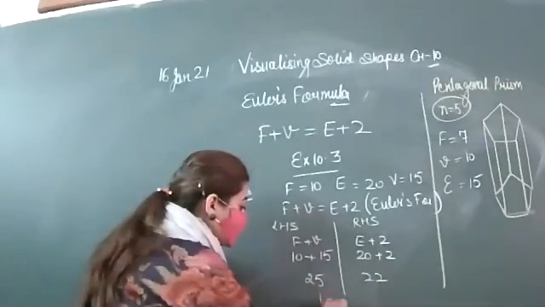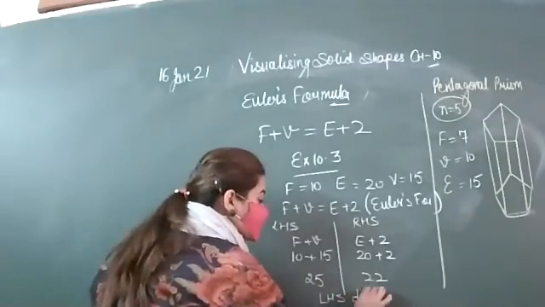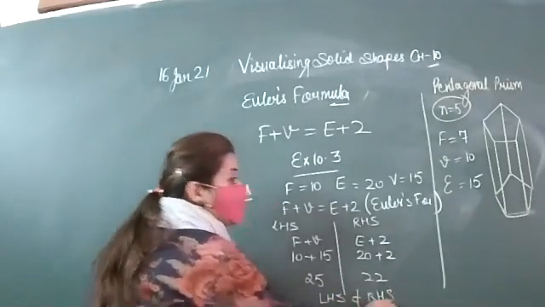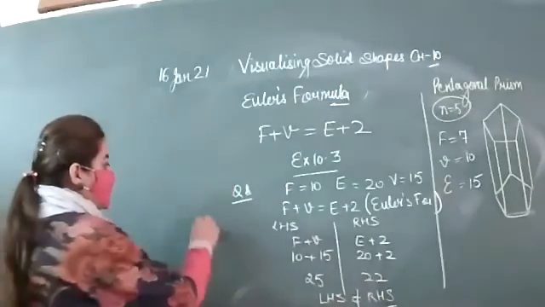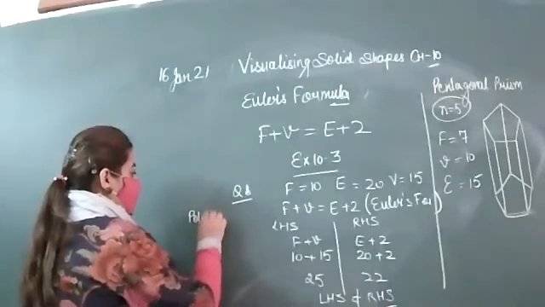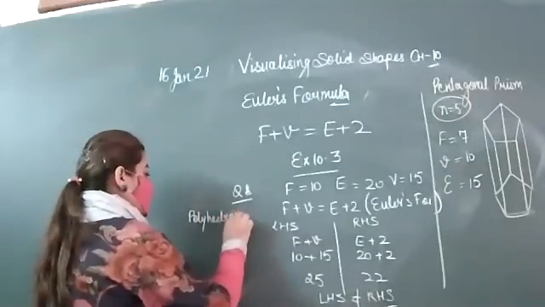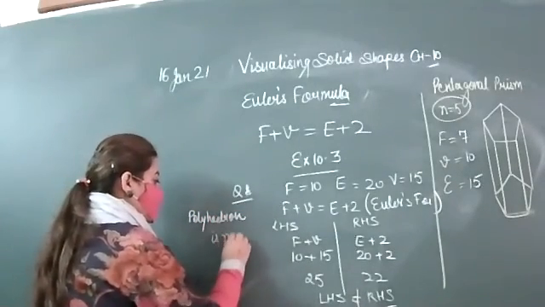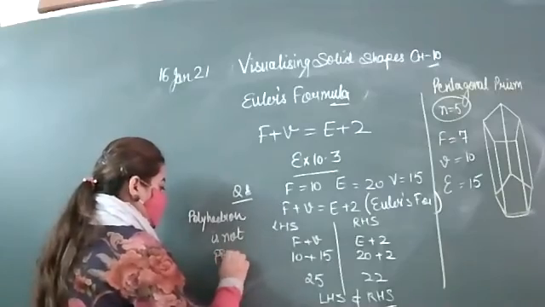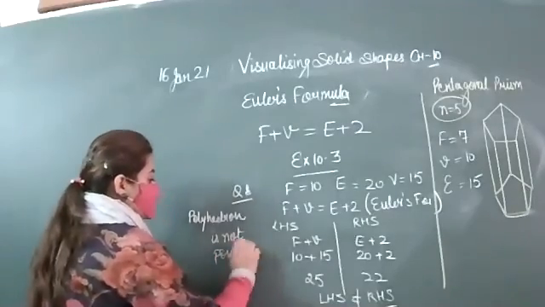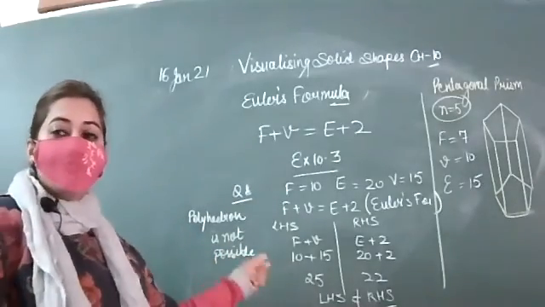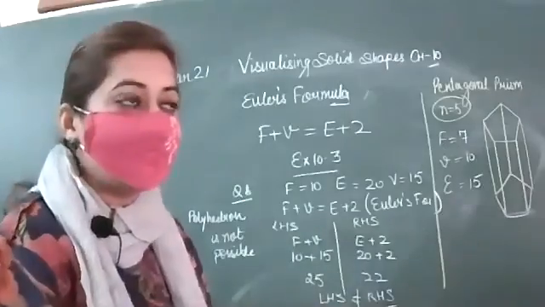So you will write here left-hand side is not equal to right-hand side. That means a polyhedron is not possible. It is not possible for us to draw a polyhedron with these faces, vertices and edges.